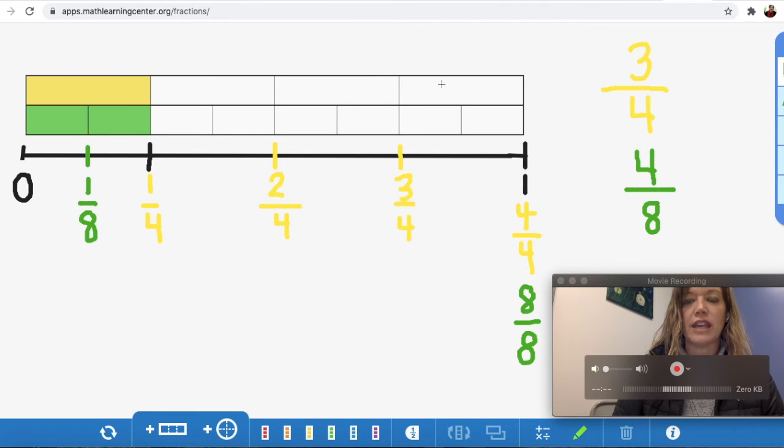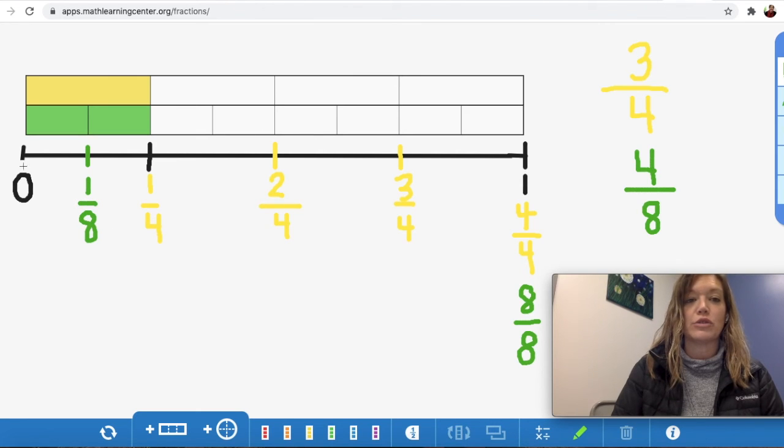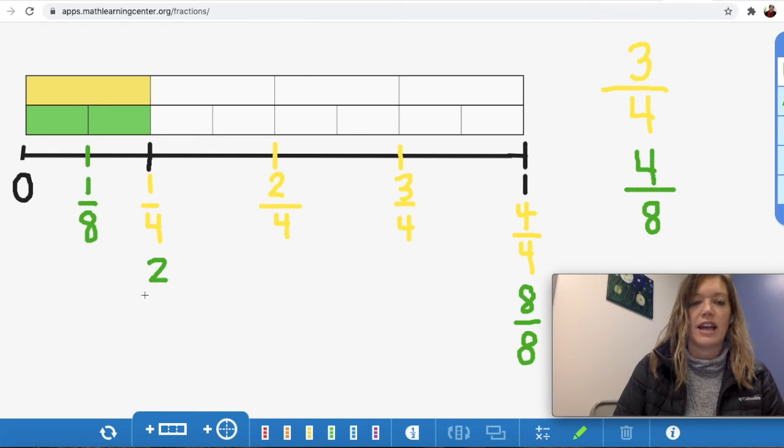If I cut the yellow candy bar into 4 equal parts and gave you 1, or if I took that same size candy bar, a green one, but this time I cut it into 8 parts, a little bit smaller for each, I could give you 2 of those green parts, and it would be the same as giving you 1 of the yellow. So another way I could say 1/4, if I cut the pieces smaller, I could name that as 2/8.